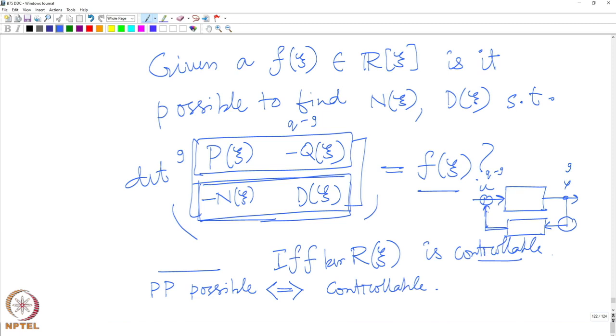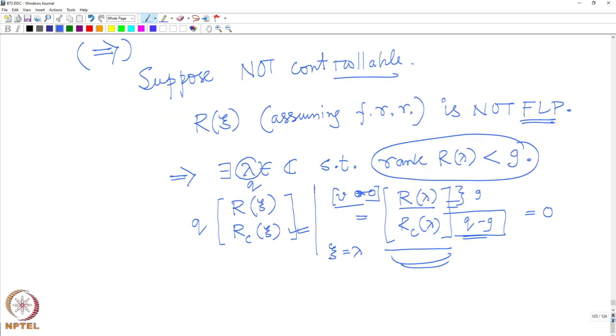So the rank of this controller must be q minus g. In order to have a rank q minus g controller, and assuming full row rank, the size of R_C must be q minus g cross q. That is how you make sure that this is square and full row rank.